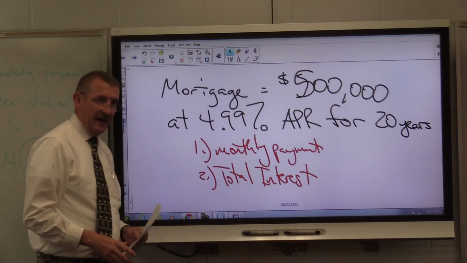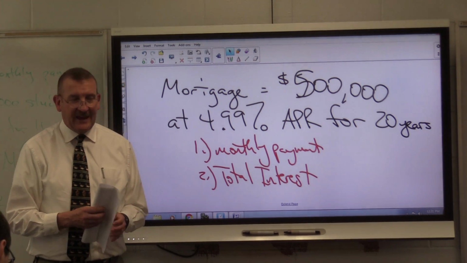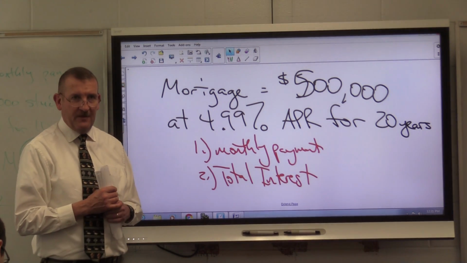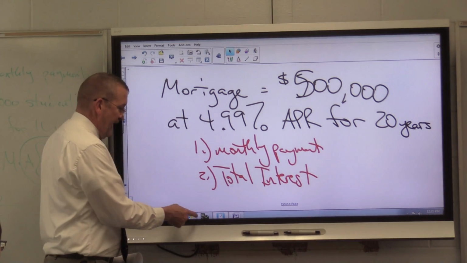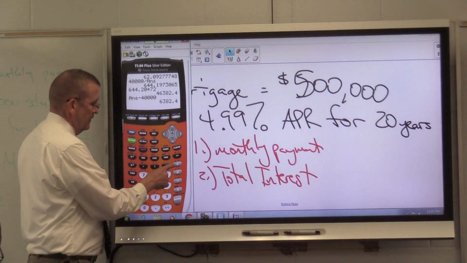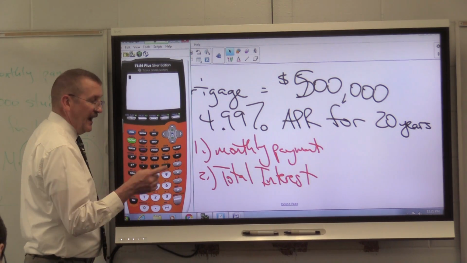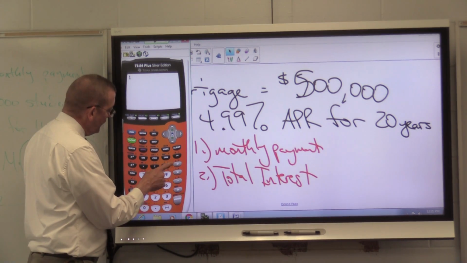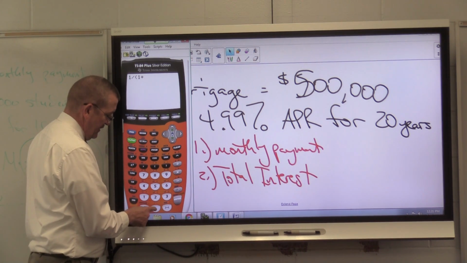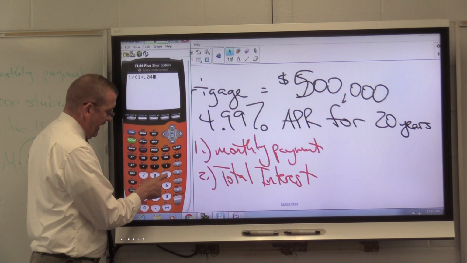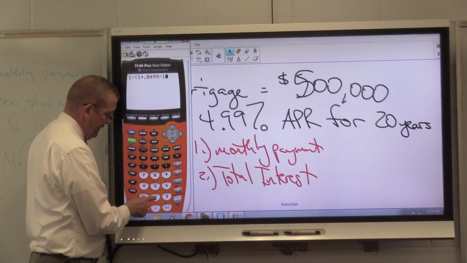Now again, it's basically everything is calculator driven. You've got to remember the steps. The first thing I got to do is I got to find the value of Q. Q is again 1, everybody do this, divided by parentheses 1 plus 0.0499 divided by 12.